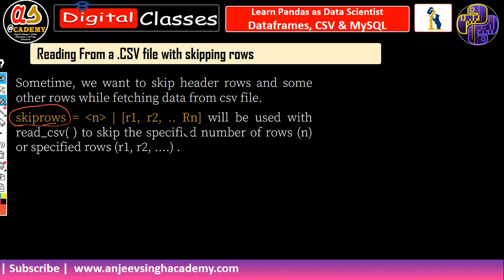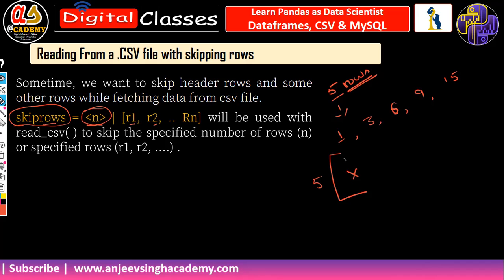In the skiprows argument, you can provide the value in two ways. Either you give the total number of rows you want to skip, or you provide the positions, meaning the specific rows you want to skip. There are two situations. In the first, I'm telling it to skip 5 rows, meaning the first 5 rows will be skipped.